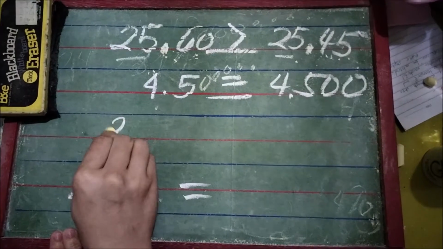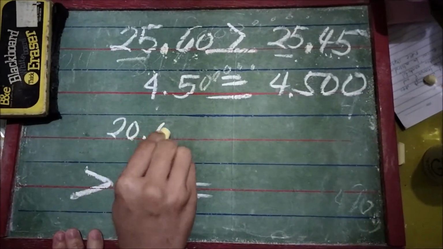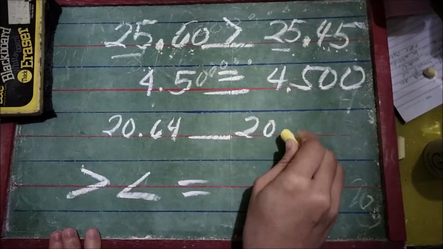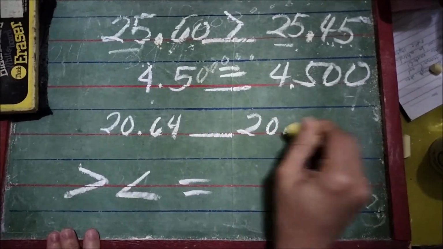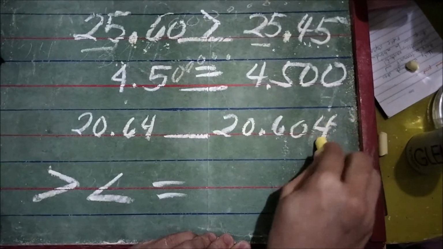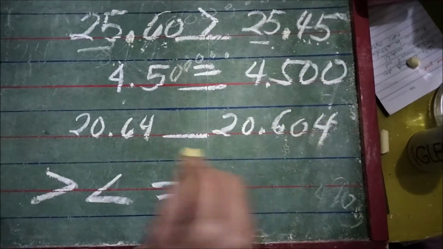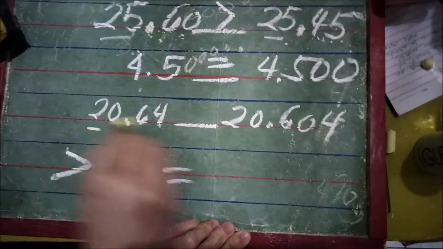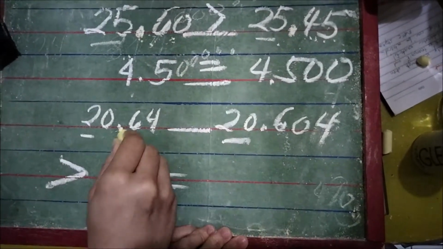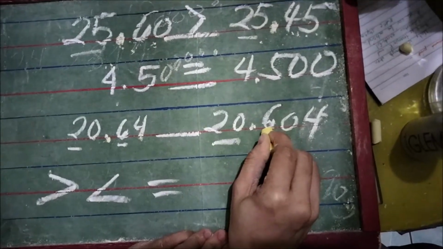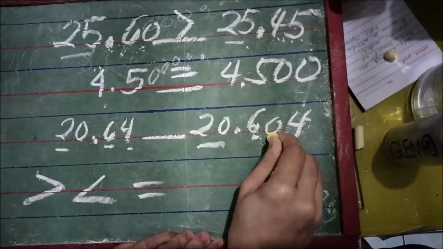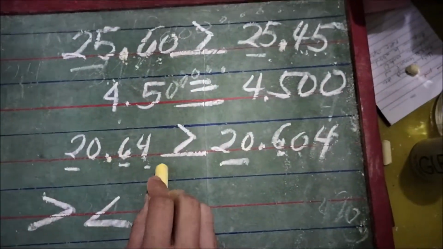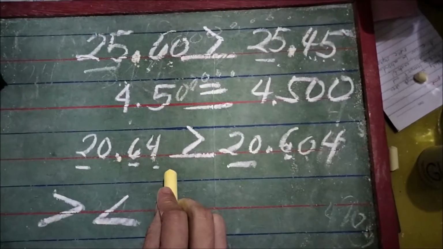If I have here 20 and 64 hundredths compared to 20 and 604 thousandths, again, the number nearest to the decimal point will be compared first. Of course, the whole number first. It is equal. 6, then 6, it's the same. 4 and 0, of course 4 is bigger. So that's why it is greater than.